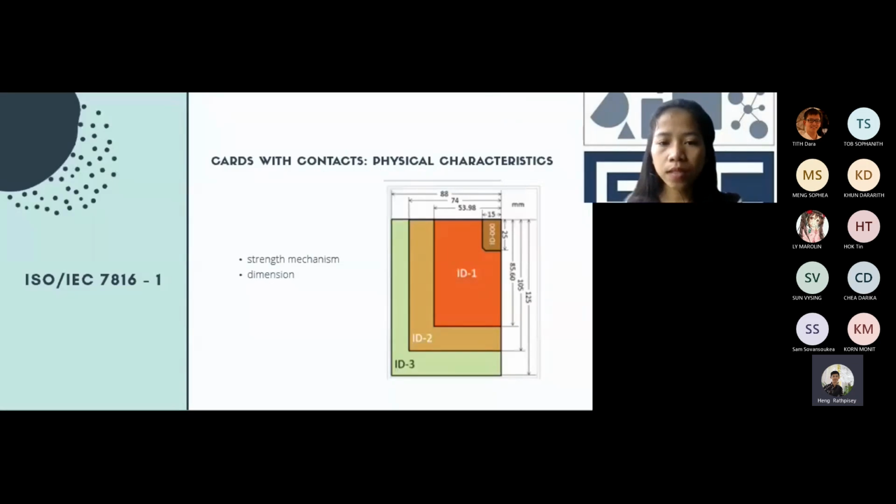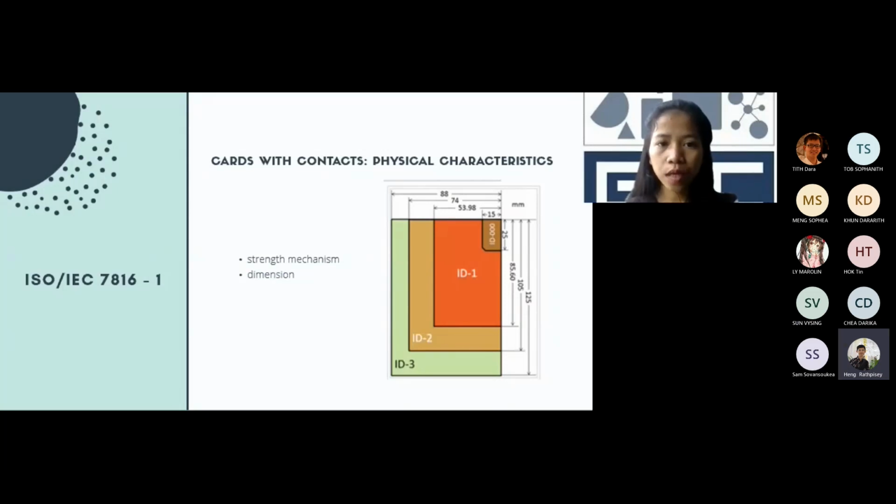The first part of ISO/IEC 7816 is about the physical characteristics. In this part we focus on the strength, mechanism, or dimension. It tells you the standard of the smart card which we use.